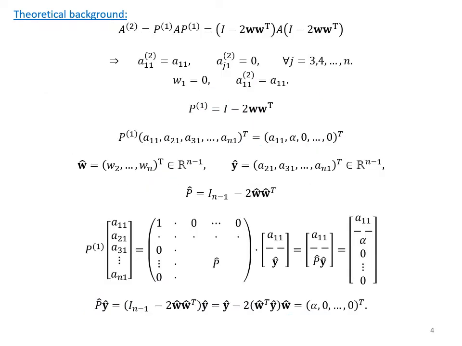In addition, the second approximation for our matrix A is equal to the Householder transformation from the previous iteration multiplied by the original matrix A and again by the Householder transformation from the previous step. It implies that entry A11 from the second approximation matrix equals A11 of the original matrix, and entries of the first column from j equals 3 to n equal 0.